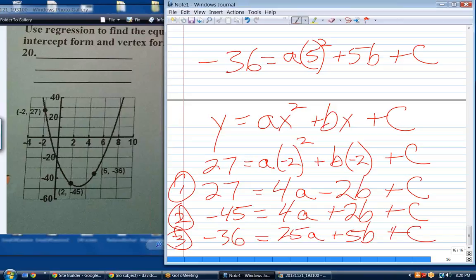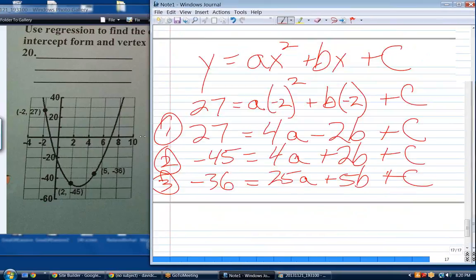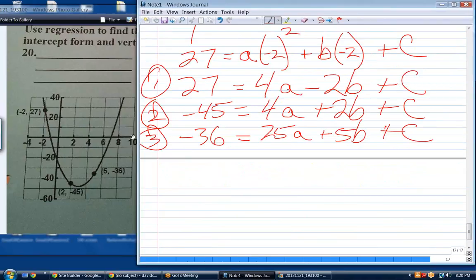Now, let's talk about solving 3 equations and 3 unknowns. She says use regression. I'm not exactly sure what she means by using regression. This is the only way I know how to do it, is to set up 3 equations and 3 unknowns. Just the technique.